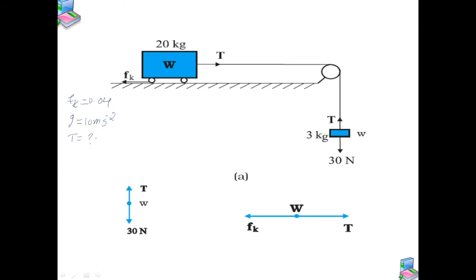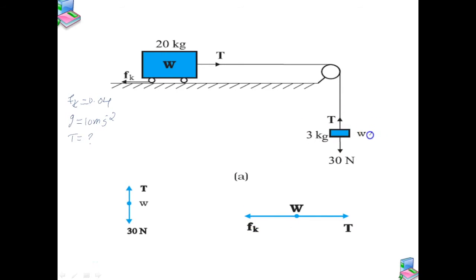Here we have considered the free body diagram at the point W, where there is the force T and the weight W acting on it. At another point we can consider the tension T and the kinetic friction Fk, isn't it?